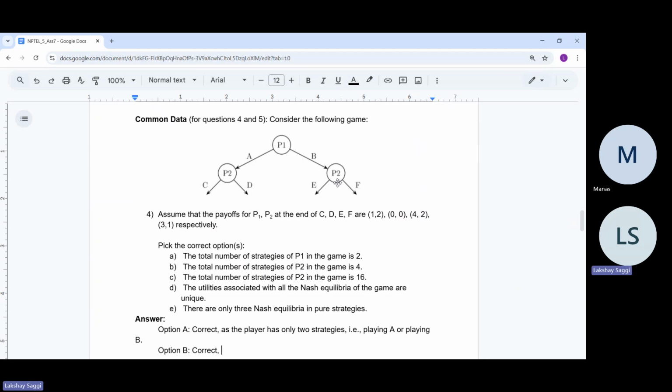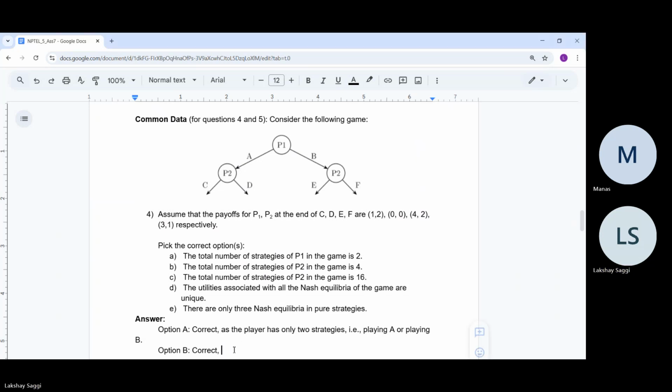It's not just a single action, but a function which maps the action of player one to what action player two will be playing. This was discussed in the lectures also, but I want to concretely mention it again because it is very important to remember that the strategies for player two will actually be functions, and the domain of the function will be the actions of player one, and the codomain will be the actions of player two.